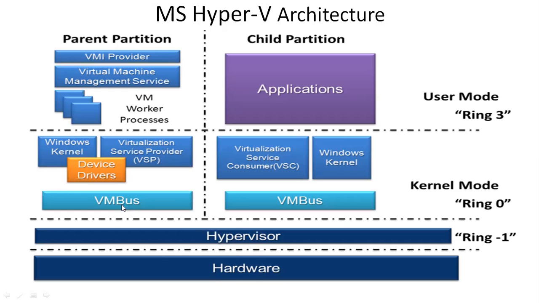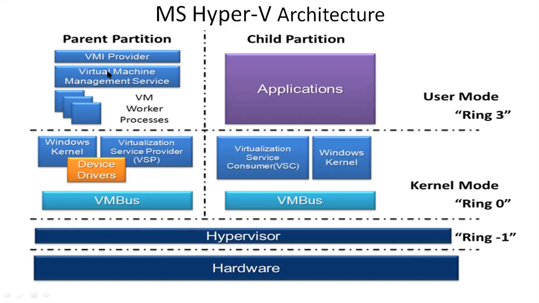And then you have VM buses. The parent partition consists of the WMI provider, virtual machine management service, virtual machine worker processes, and then the Windows kernel, device drivers, and the virtualization service provider. The child partition consists of the application, virtualization service consumer, the Windows kernel, and VM buses.